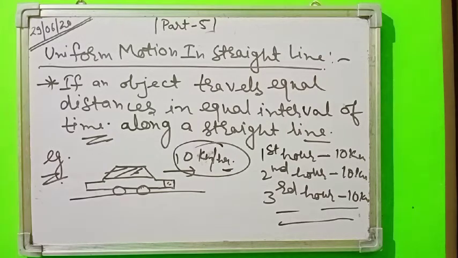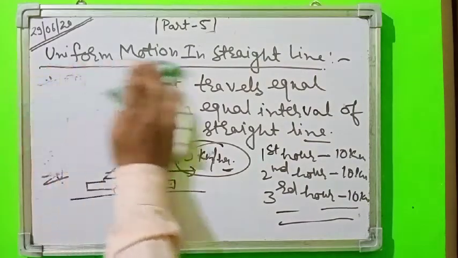For the uniform motion, we want to draw the distance time graph for motion in a straight line.